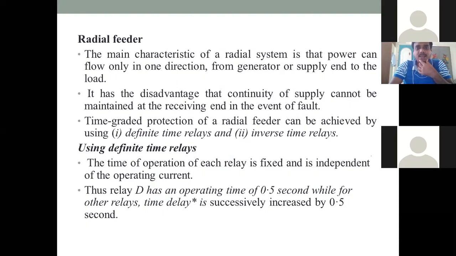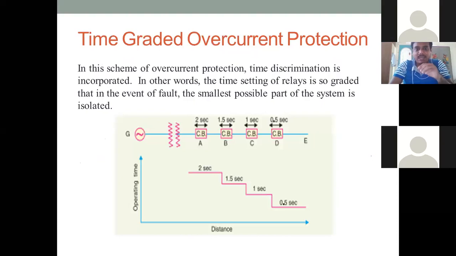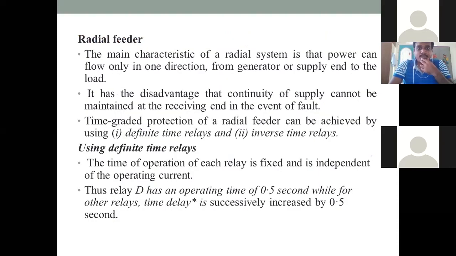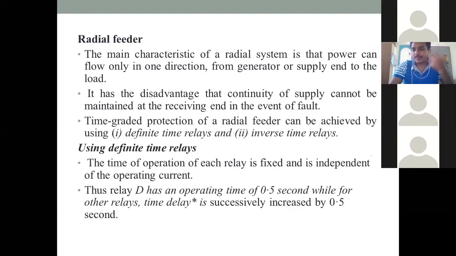The main characteristic of a radial feeder is that power can flow only in one direction, from the generator or the supply, from generating stations to the supply substations, for example.